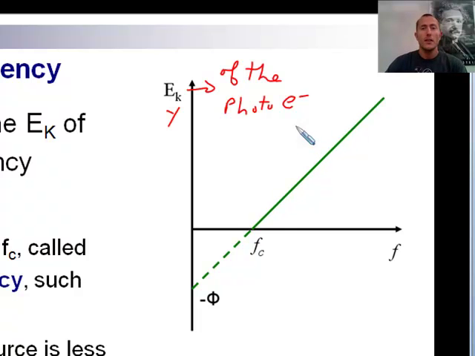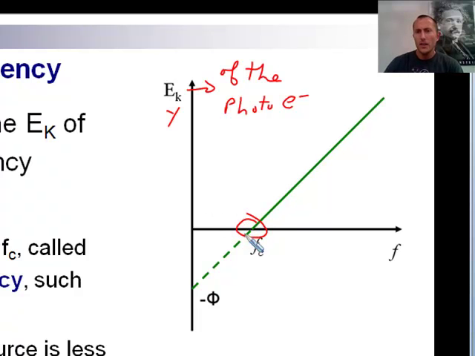And we talked about that in the previous graphs. But what you should see here is that there is some point at which that line meets the x-axis, and this is the critical frequency. At the critical frequency, the kinetic energy of the photoelectrons is zero. So that gives them just enough energy to be emitted, or to be kicked off of the photosurface.